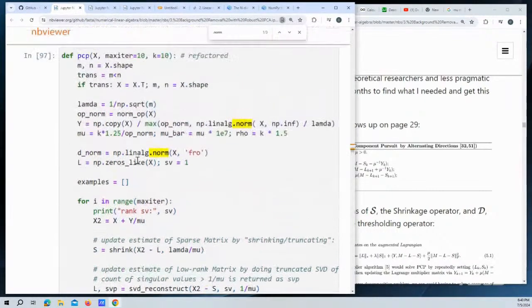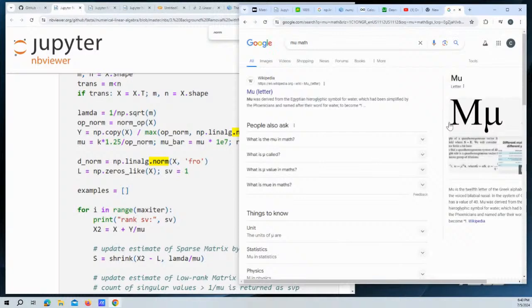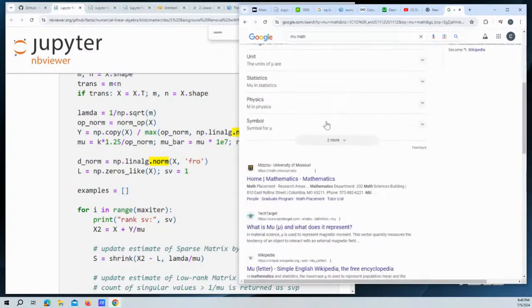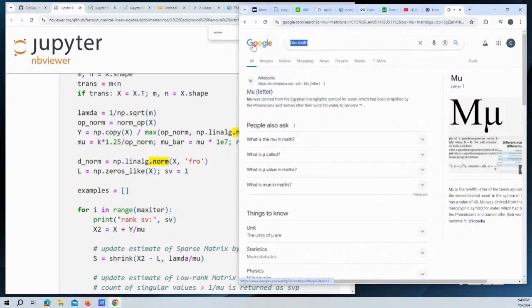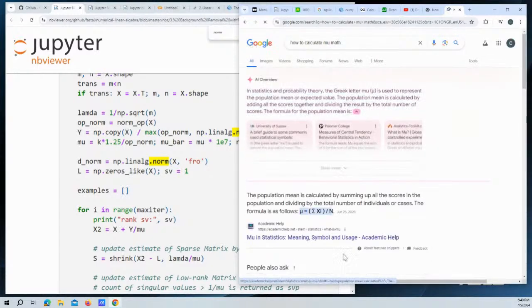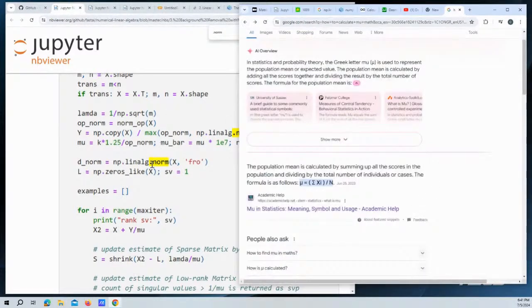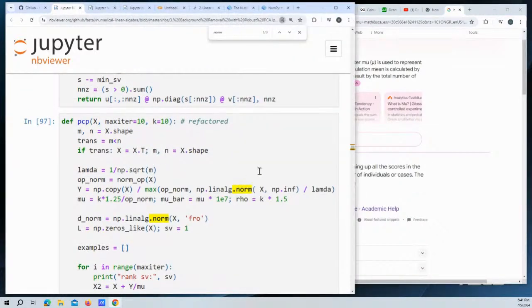So let's look up what we're doing with mu. So mu equals k times 1.25 over op norm. So let's see. How do we calculate mu? Sum of x over n, which is not what we did here, because we have k.